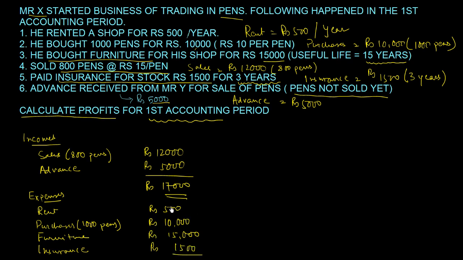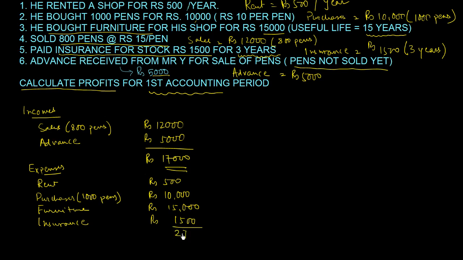So total expenses would be 15,000 plus 10,000, 25,000, plus 1500 is 26,500, and 500 is 27,000. Total expenses would be 27,000. So as per the lame accountant, the profits would be 17,000 minus 27,000 equal to negative 10,000. That means a loss of rupees 10,000.